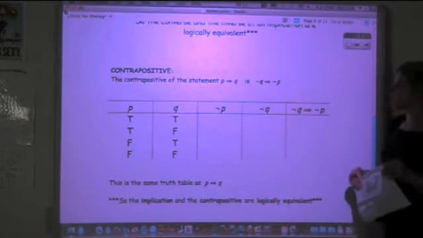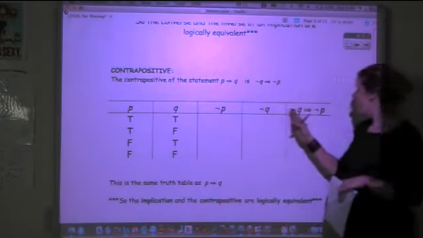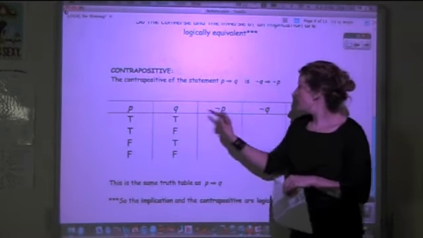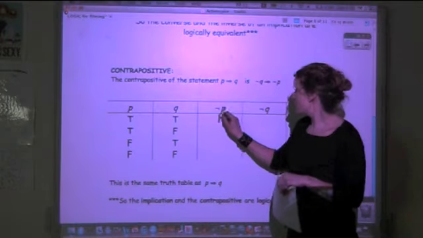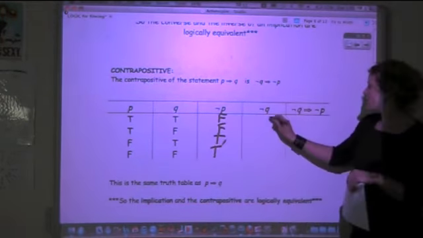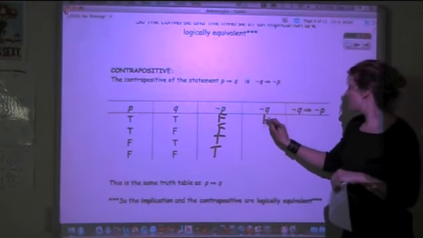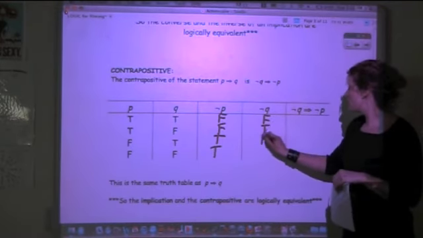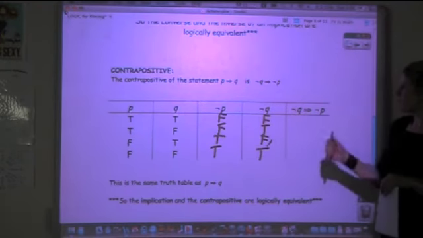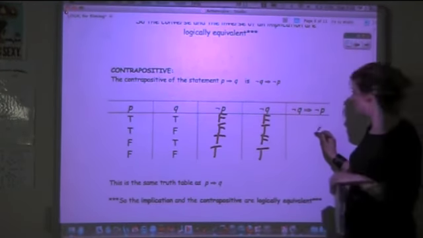So very quickly, let's just show that that is true by looking at the truth table. P will be false, the negation of P is going to be false, false, true, true. And then the negation of Q is going to be false, true, false, true. And the implication of both of those together, remember we want true, friends forever true.